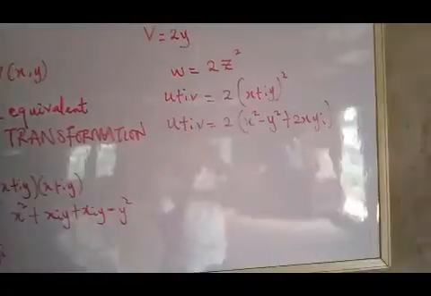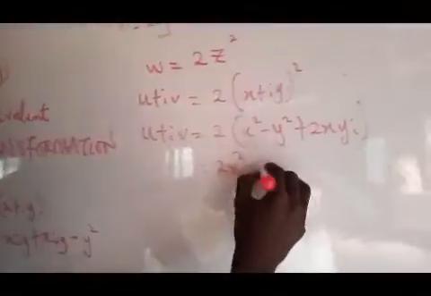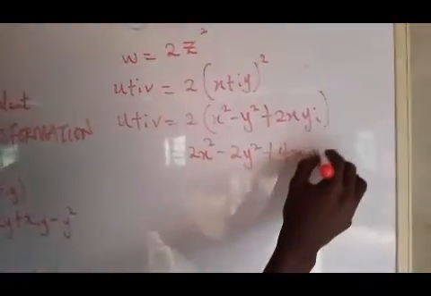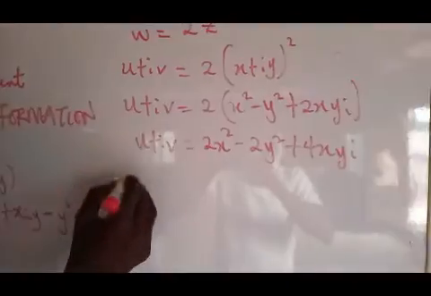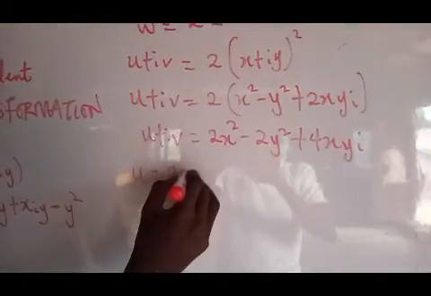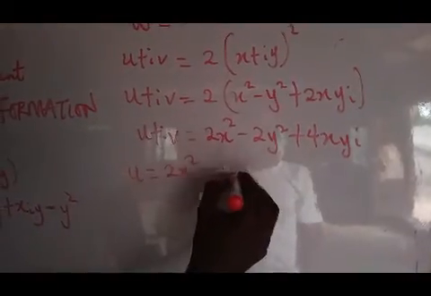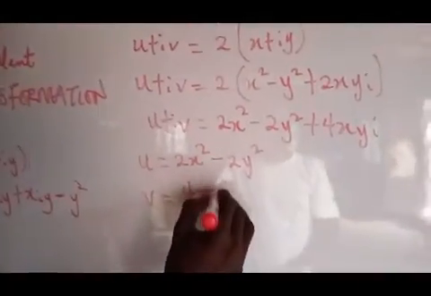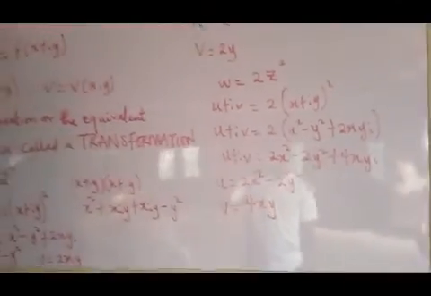Alright, so open this, so that will be 2x squared minus 2y squared plus 4xyi. So you know that here now your u will be 2x squared minus 2y squared, and your v is going to be 4xy. So that's how to do the linear transformation of any variable.